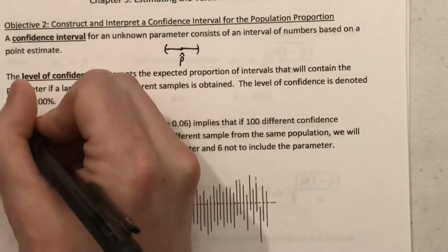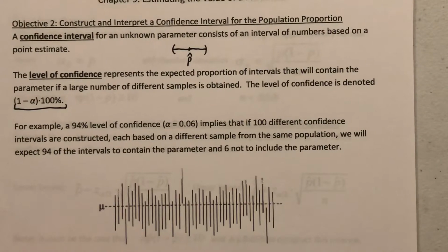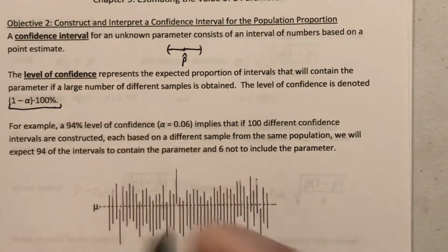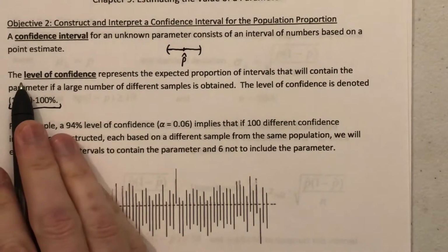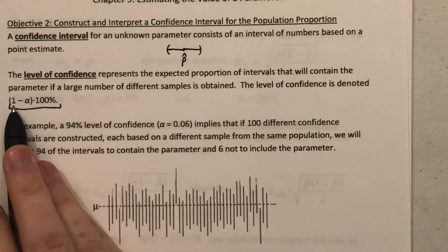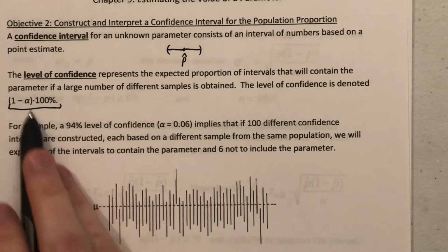This notation that we use here, don't let that really throw you off. We'll talk a little about alpha as we get into the computational side of things. Notice if the alpha wasn't there, it'd be 100%, 1 times 100%. So alpha is just a decimal being taken off of 1 to give us some number close to 100%.